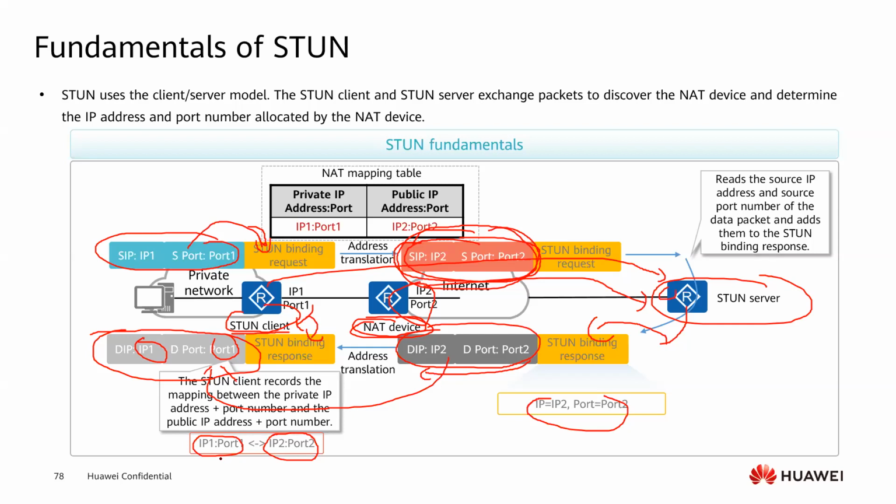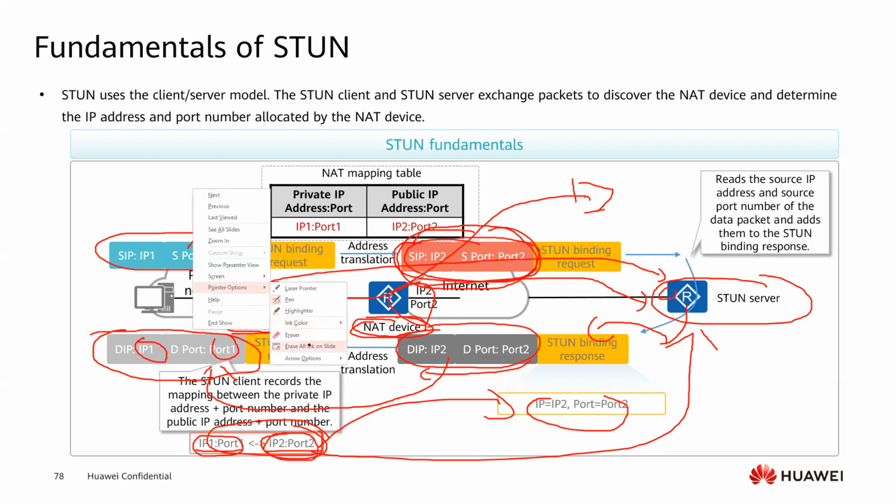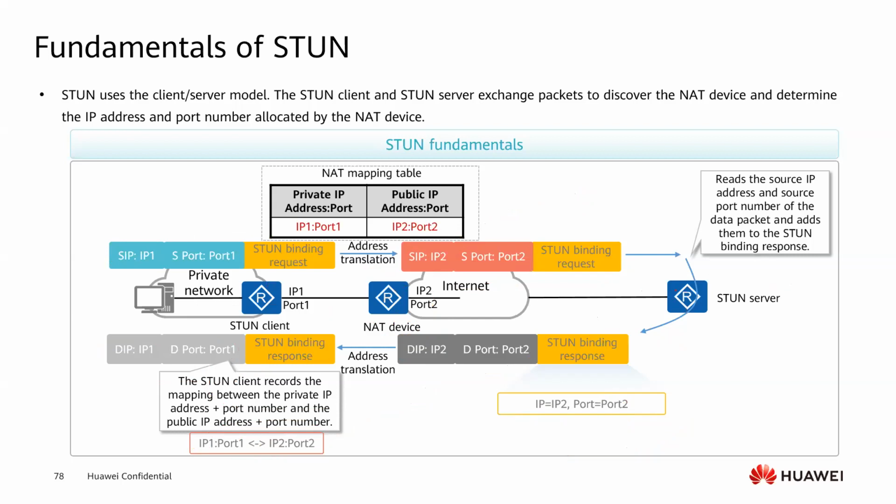Secondly, they will create some kind of mapping information for IP1, port 1, and IP2, port 2. Later, this information can be forwarded by the STUN server or some other devices to other devices. So these devices, based on this information, can send packets into the private network. So this is what STUN works like.